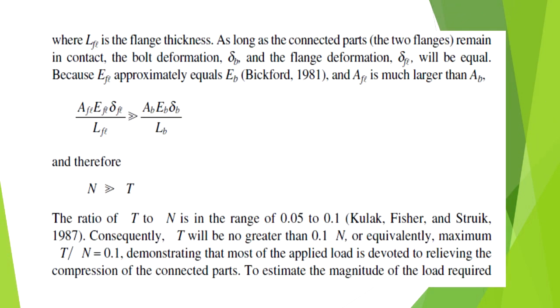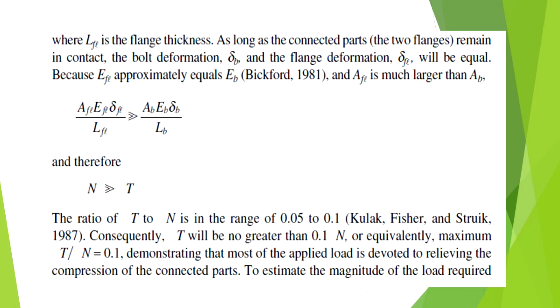Where L_FL is the flange thickness, as long as the connected parts remain in contact, the bolt deformation and the flange deformation will be equal. Because the elasticity of the flange approximately equals the elasticity of the bolt, and the area of the flange is much larger than the area of the bolt, the ratio of T to N is in the range of 0.05 to 0.1.